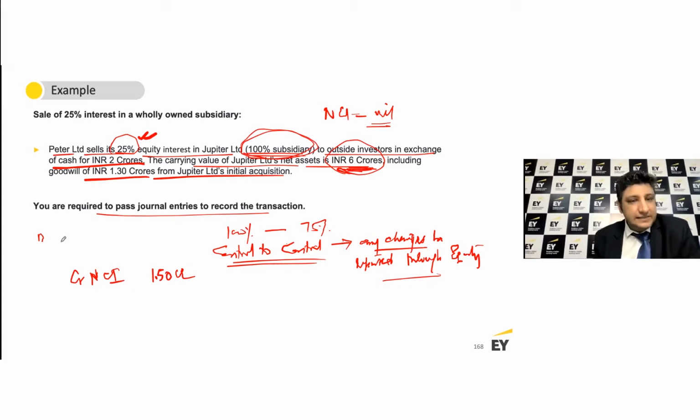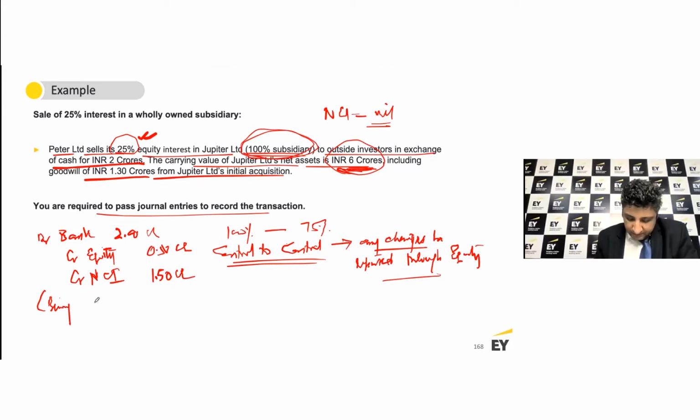But for that 1.5 crores worth, you are receiving cash of 2 crore rupees. What would that imply? It would simply mean there is a gain, but that would be reported through equity, not through the statement of profit or loss. So simply, the transaction is a 25% stake disposed of.